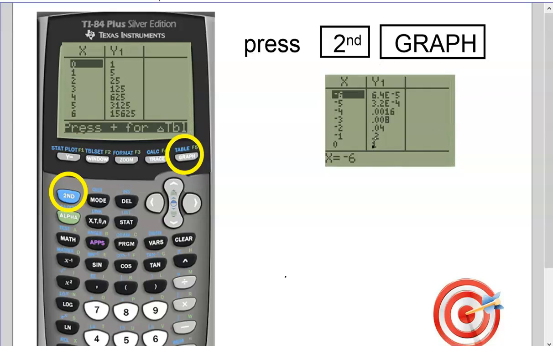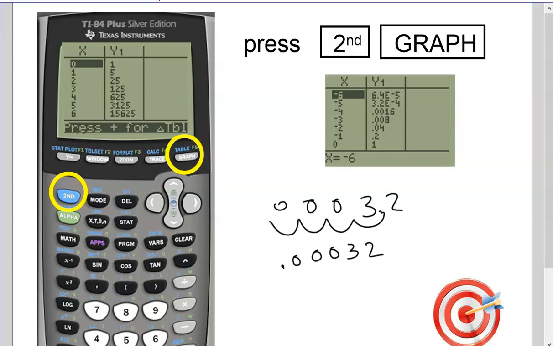I would get 1, 0.2, 0.04, 0.008, and the number's going to get so small that the calculator uses scientific notation just to show it to you. That's what that E means. 3.2 e to the negative 4th means I am actually 1, 2, 3, 4 places smaller. This is the actual number, but it's so small we're not going to graph something like that.